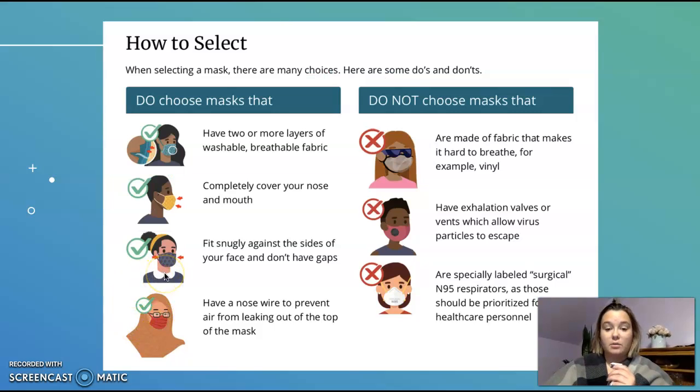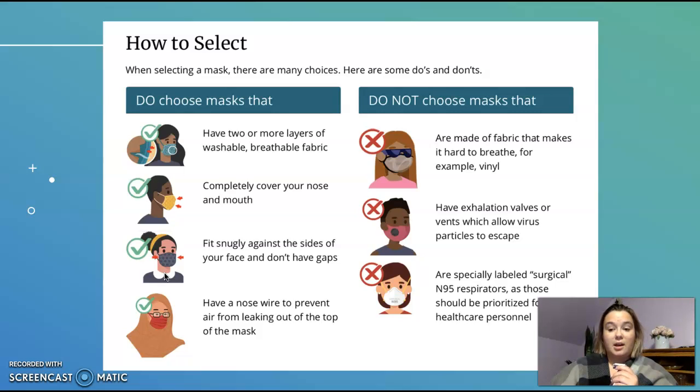So I also got this image directly from the CDC website. It's just a basic little graphic on how to select a mask. Some pretty obvious ones: completely cover your nose and mouth, and fit snugly against the sides of your face and don't have gaps.